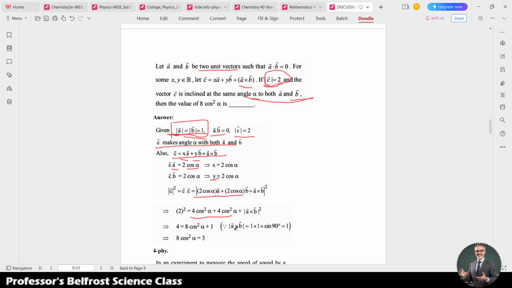You need to really understand what cross product means. If a dot b is ab cos something, a cross b is ab sin something.